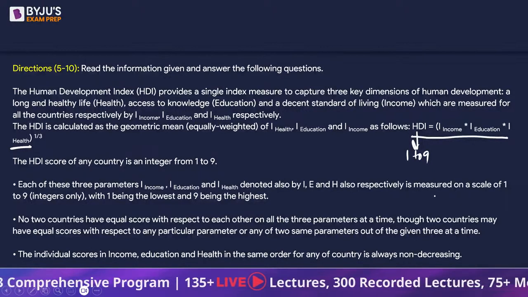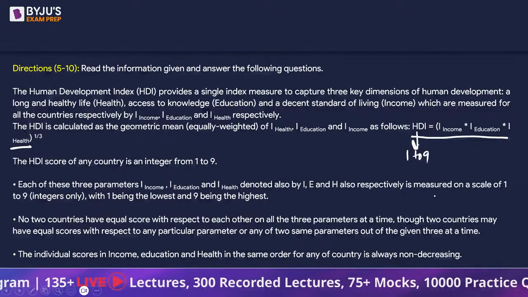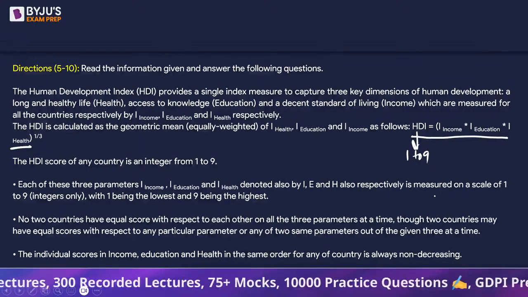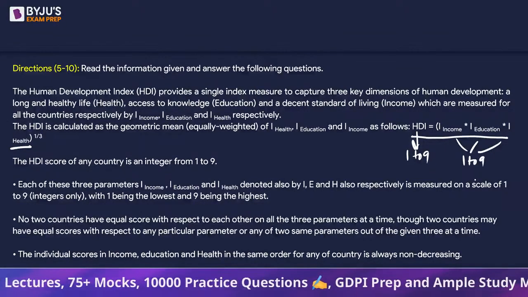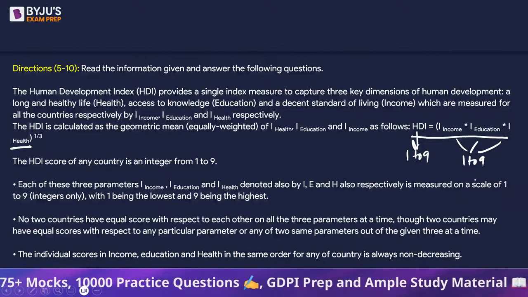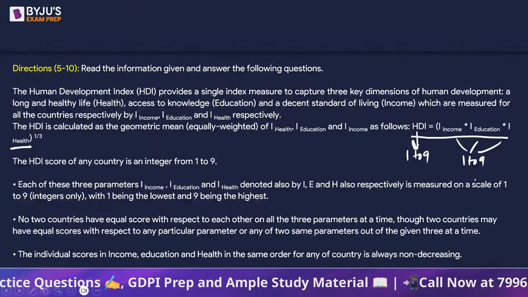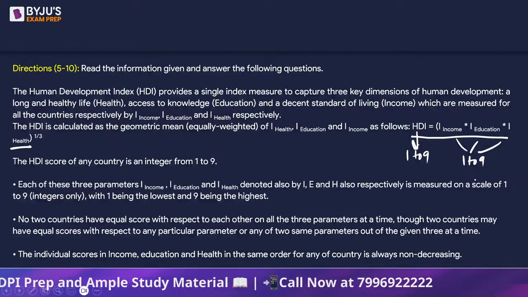Each of these 3 parameters, I income, I education, I health, denoted also by I, E and H respectively, is measured on a scale of 1 to 9, with 1 being the lowest and 9 being the highest. So ज़्यादा value तो मतलब ज़्यादा उसका index, right?